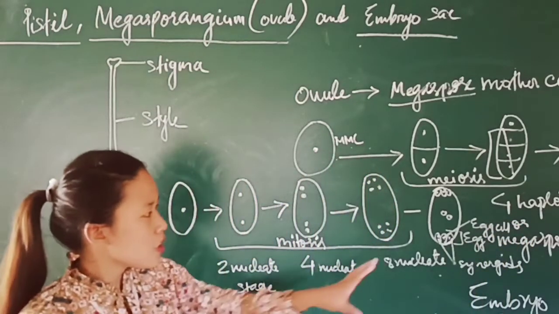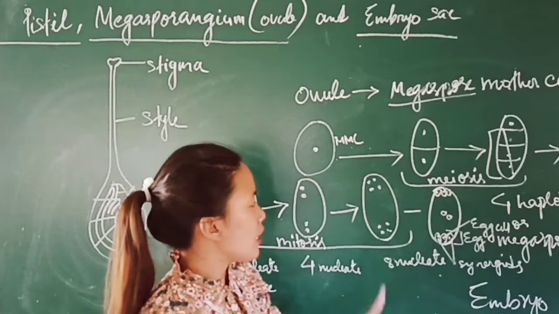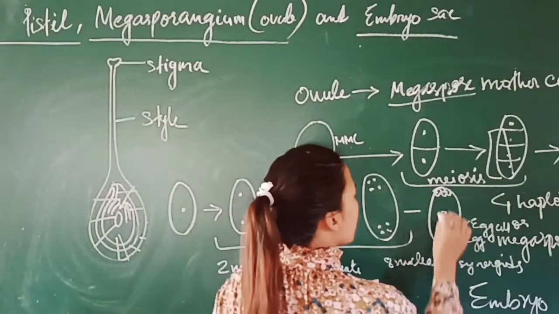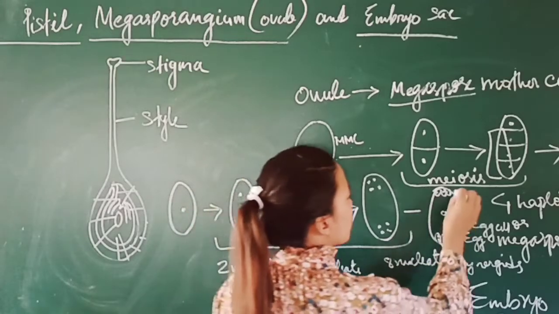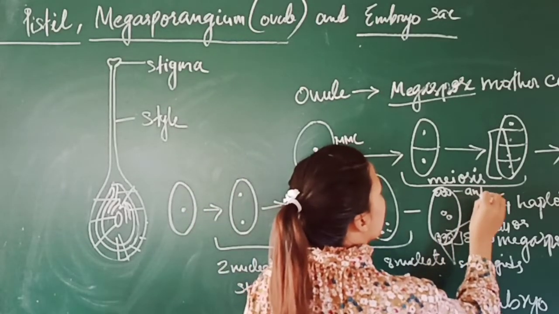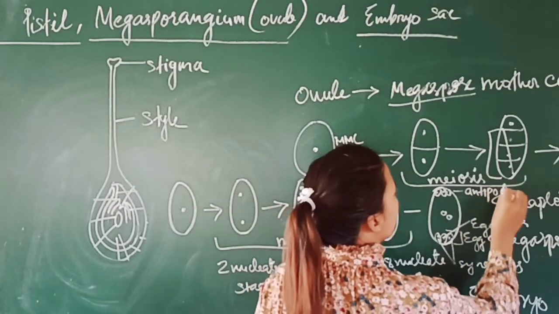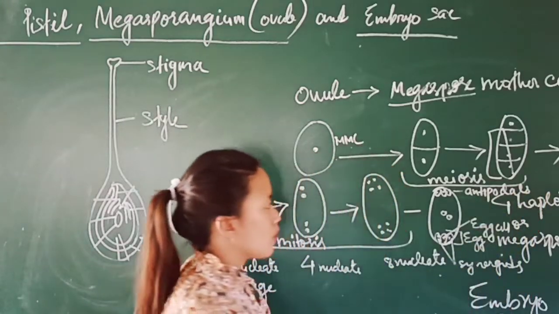At the opposite end, we have 3 cells called the antipodals.